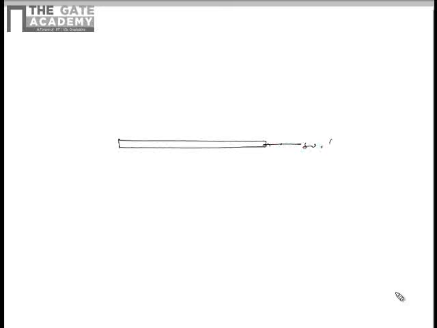Let us consider a situation in which fluid is flowing over a surface. Okay, this is a surface. If the fluid is flowing over the surface, let us say the free stream velocity of the fluid is u infinity.